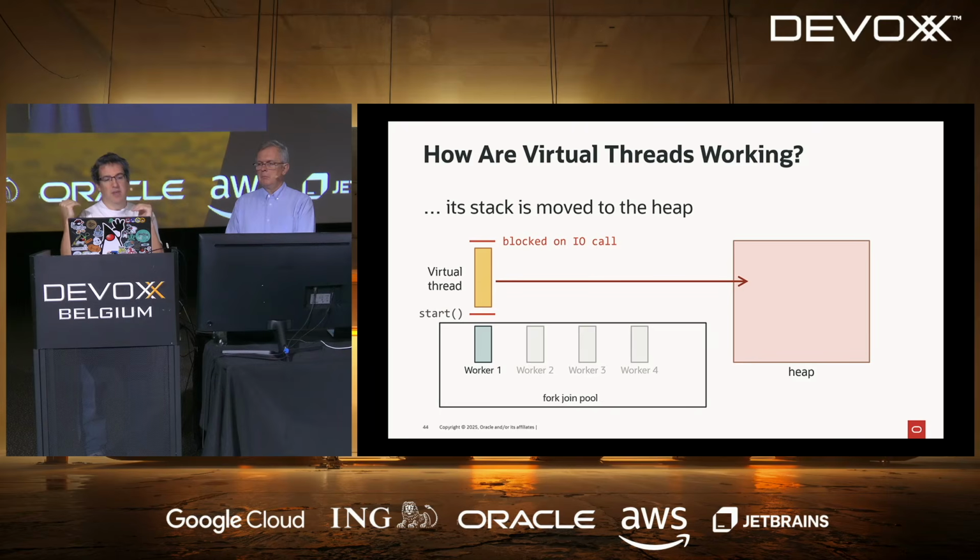Which means that if all your code is 100% written in Java, you have no issue. But if right in the middle of your stack frame you are using C code, then you're dead. You will block. The stack of the virtual thread cannot be copied.